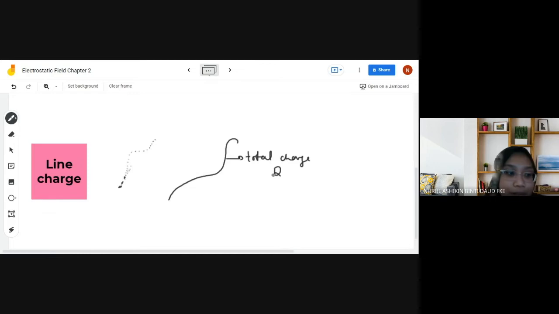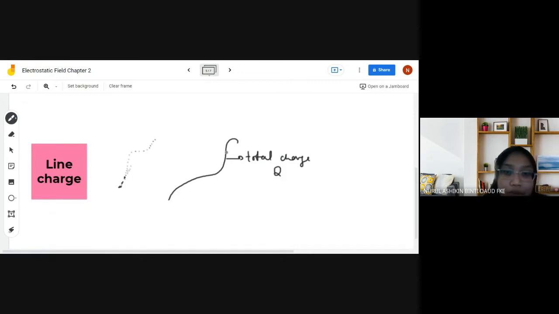These are the first pieces of information that we can get from the line charge, where the total charge is Q, which is the amount of each point charge. The total of each of the point charges will be the total charge for this line charge.